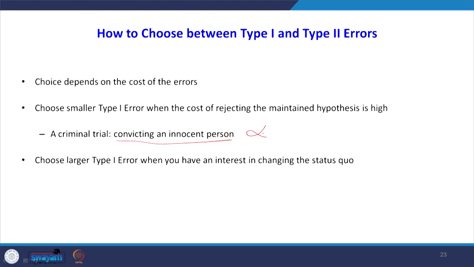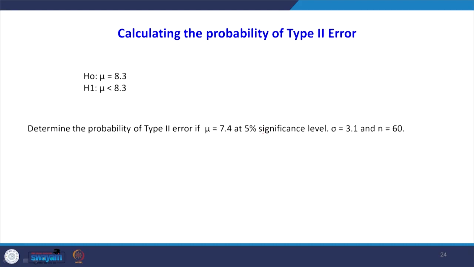So, at that time the value of alpha should be very small. Choose a larger type 1 error when you have an interest in changing the status quo. If you increase the alpha value, obviously there are more chances for the rejection region, so your hypothesis gets rejected, that is, the status quo is getting rejected.